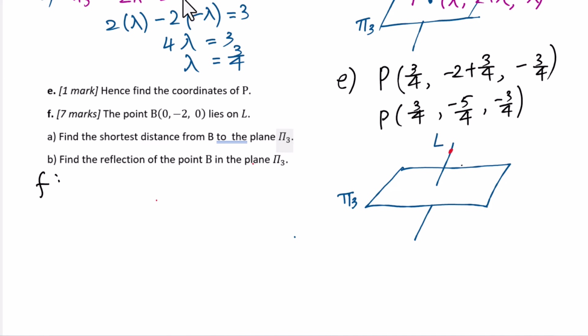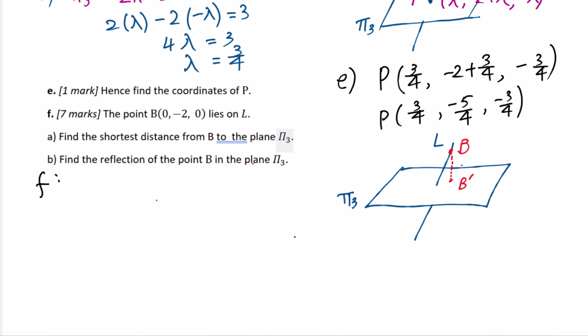Point B is on the line L. We draw this perpendicular line to the plane pi 3. Intersection is B prime.